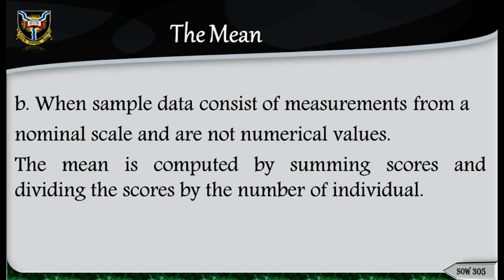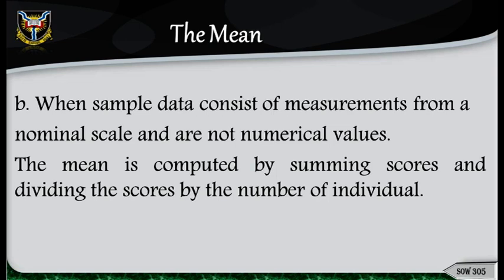B. When sample data consist of measurements from a nominal scale and are not numerical values, for example, gender, occupation, eye color, and so on, because no numerical values are involved, it is impossible to compute a mean value for such data.